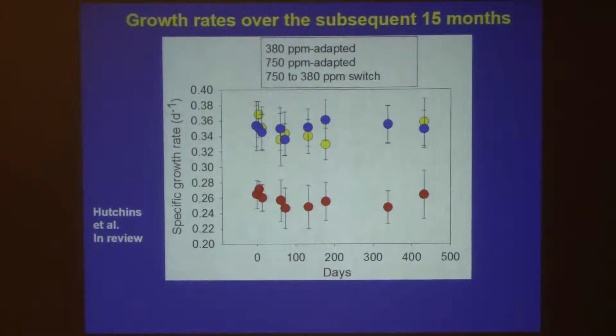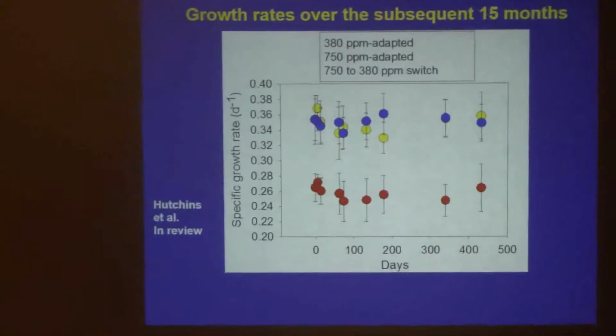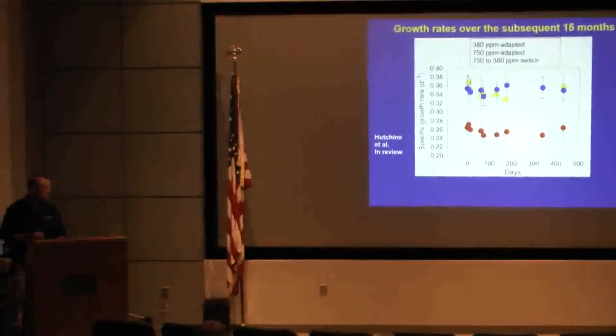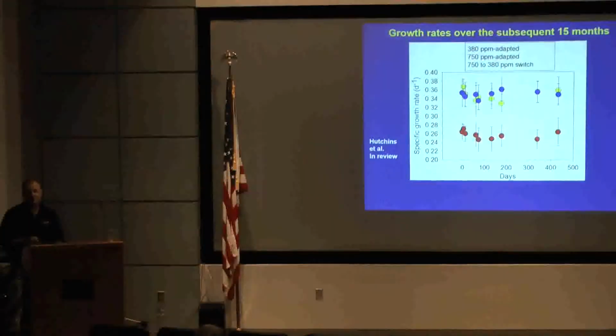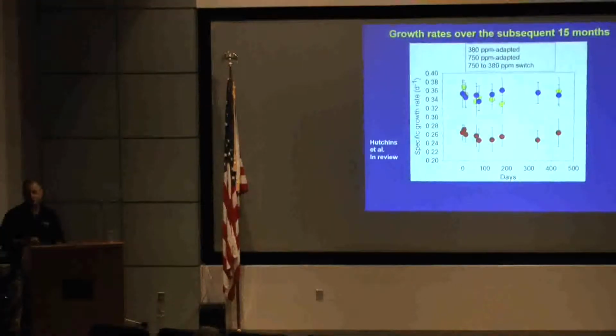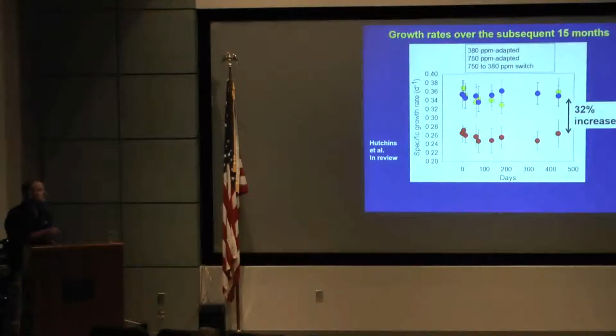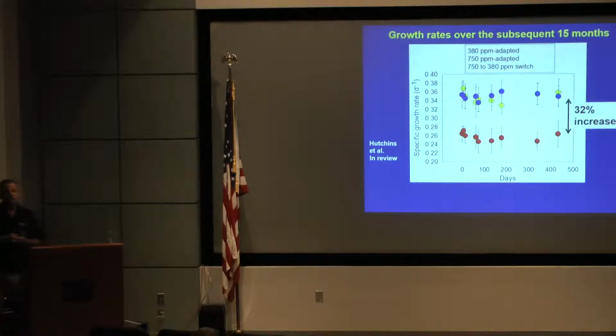But a microbial evolutionary biologist looks at this and says, growth rates, that is the currency for fitness in a microbe, for reproductive success, right? This means that there's been a 32% increase in the fitness of those cultures from being selected at high CO2.